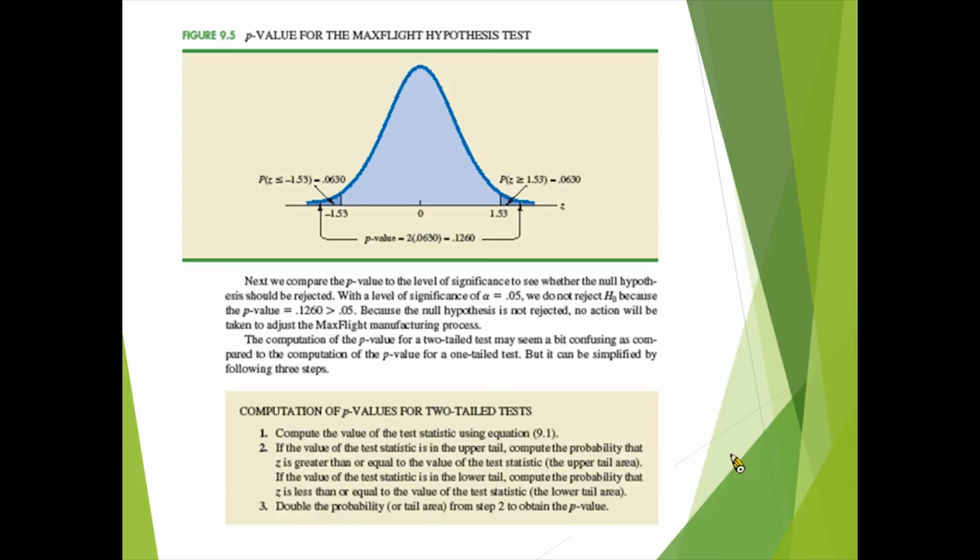So the null hypothesis should be rejected. Okay, we didn't reject the hypothesis, because 0.12 is larger than 0.05.